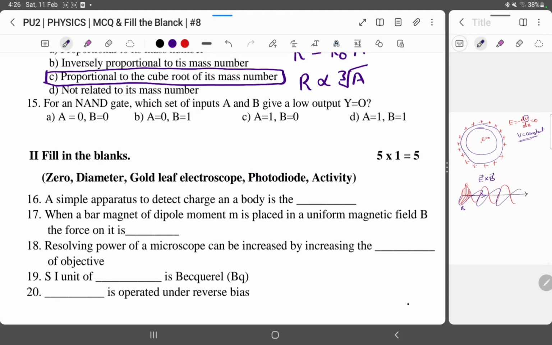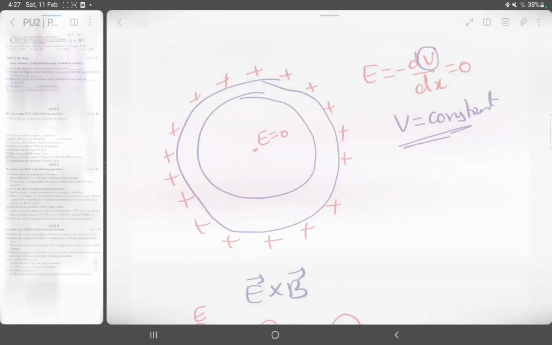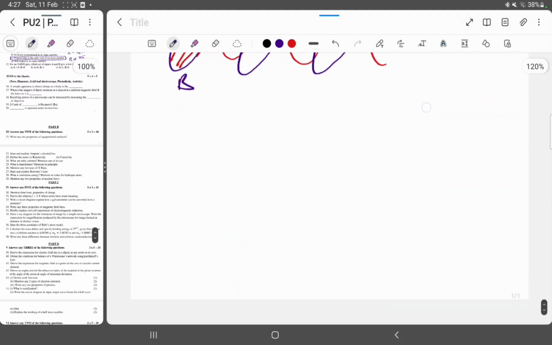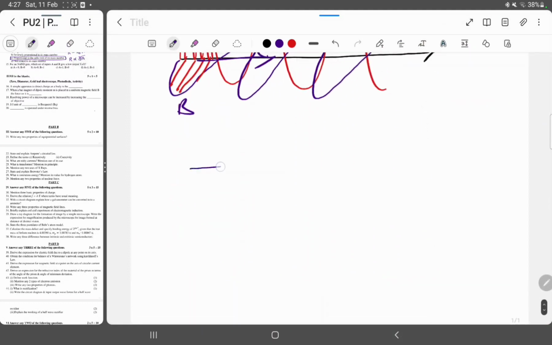we have for an NAND gate, which set of inputs A and B gives a low output, Y is equal to 0. We have to check when NAND gate gives Y equal to 0. Let me write here NAND gate. So if you write NAND gate, it looks like this.